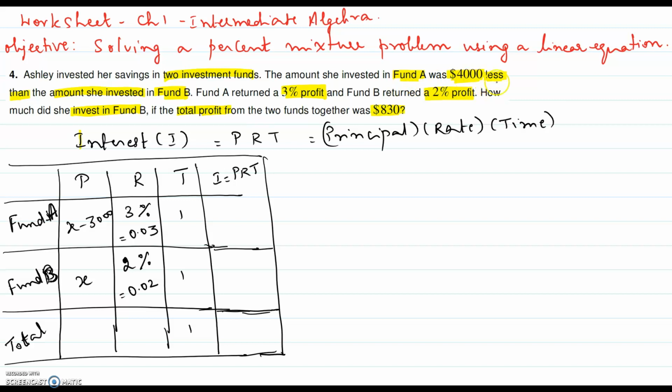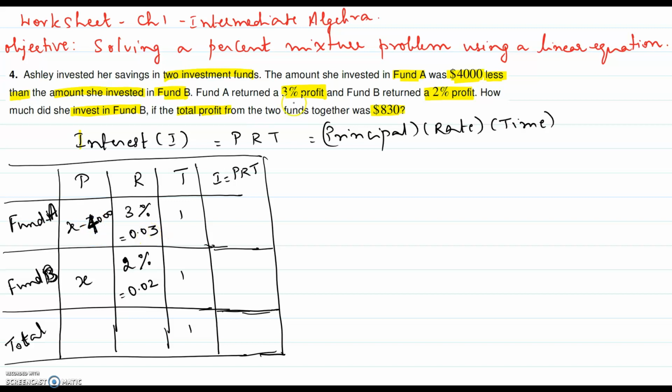It is $4,000 less than the amount invested in Fund B. As we do not know the amount invested in Fund B, that's what the question is asking, so we'll assume the amount invested in Fund B is x. Then Fund A would be 4,000 less, so x minus 4,000 would be the amount invested in Fund A.